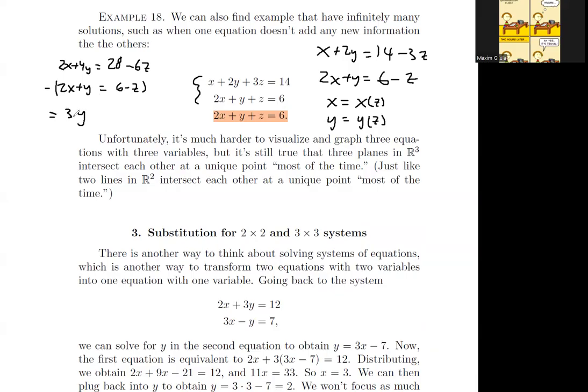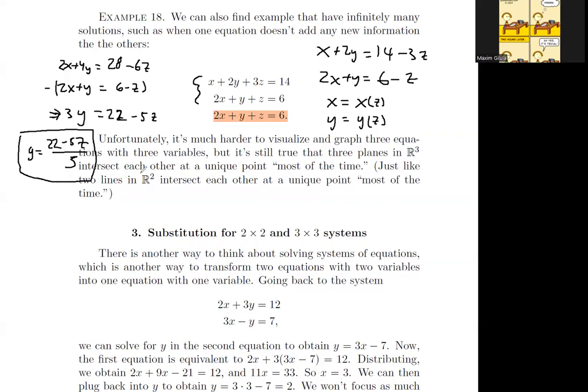So I get 3y, this is an implication symbol, 3y equals, if I subtract, I get 22 minus 5z. And this is a 2, sorry for this writing. So I get y equals 22 minus 5z all over 3. And this is what y is, depending on z.